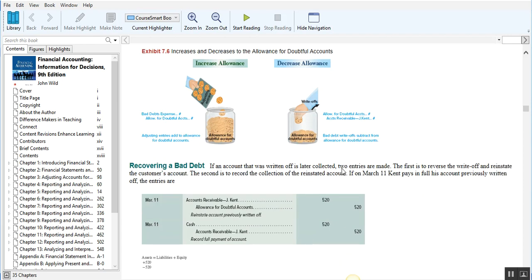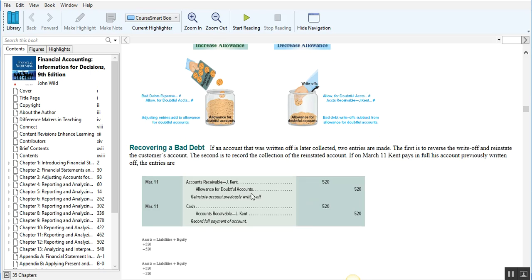When we actually make an adjustment to an account, we collect it later, and we want to reinstate the account and then collect the money, we're going to have to do it like this. It's going to be a lot like the direct write-off method.